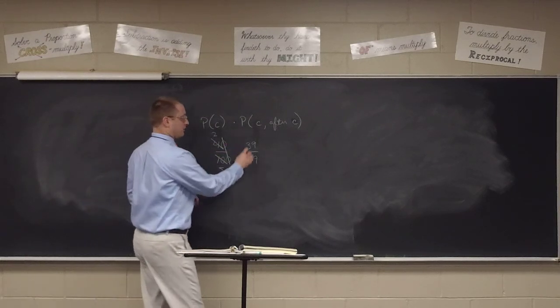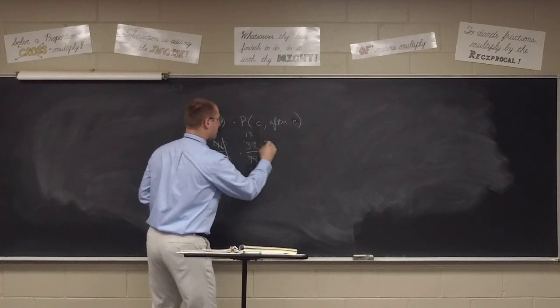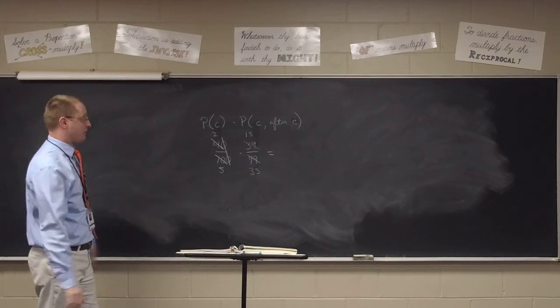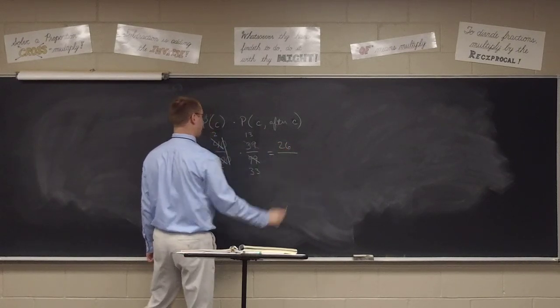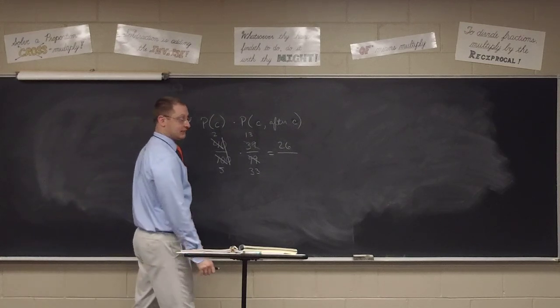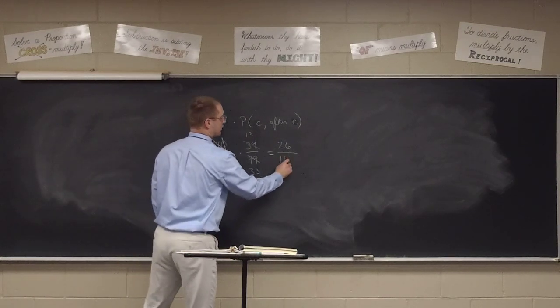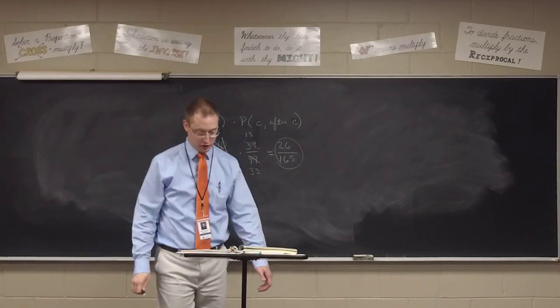A 3 to get 13 to 33. And that's all that reduces, nothing else. So we have to multiply across the top to get 26, and multiply across the bottom to get 165. Good. There's a 26 to 165 chance of getting a cherry and then another cherry.